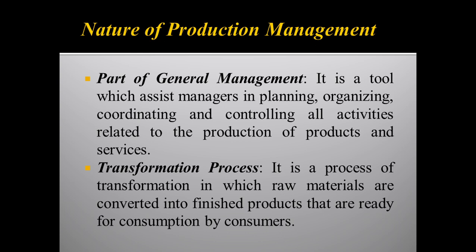If you're talking about cloth, thread or cotton cannot be worn. It has to be converted into cloth or dress or shirts, pants that can be worn by individuals. So it is a process of transformation in which raw materials are converted into finished products that are ready for consumption by the consumers.